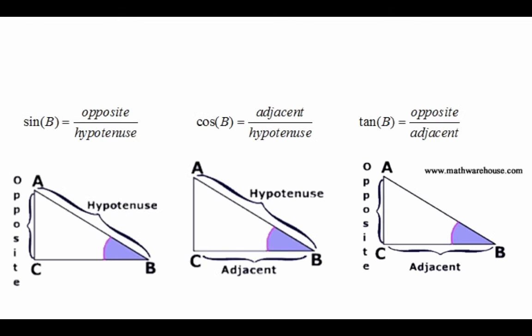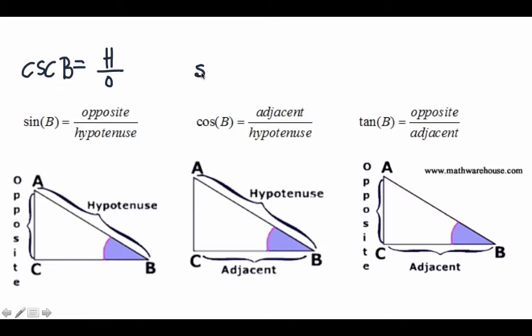But more exciting, back to SOHCAHTOA, this thing here that you know so well. As I said before, there is the reciprocal of sine, the cosecant. So you can think about the cosecant of angle B, which would be hypotenuse over opposite.